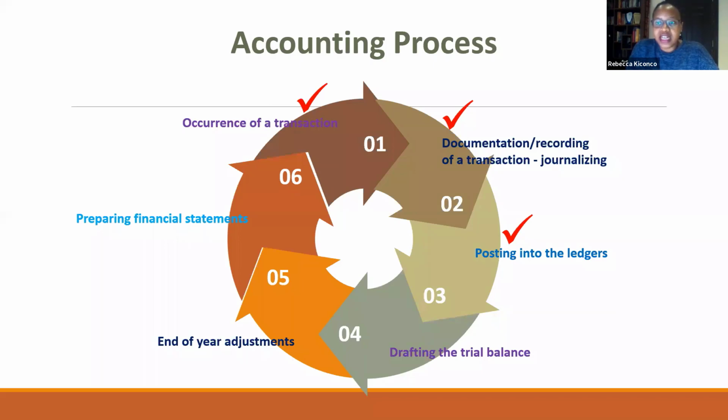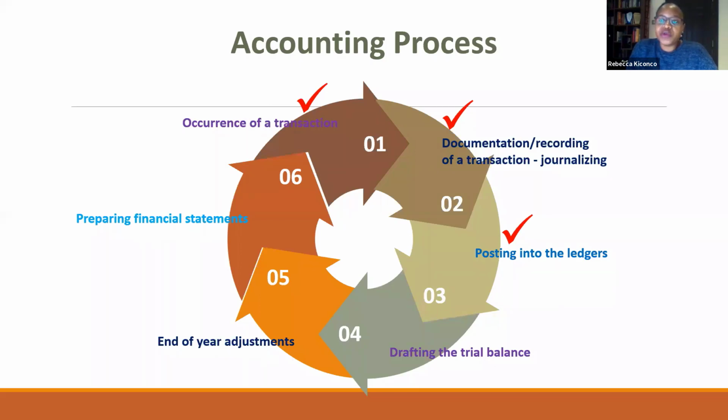Now, what we did last week was the double entry into a ledger. And I hope all of us did some revision on double entry. So what we did was post into the ledgers. Now we're going to go a little bit back into how the transaction occurs, where it is recorded, and how it travels all the way into the ledgers.